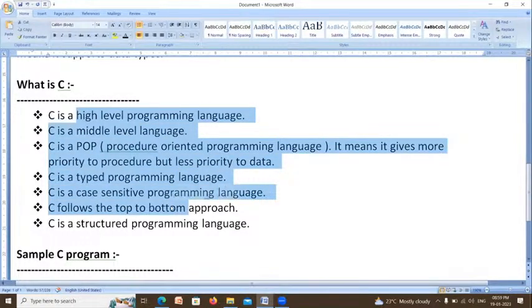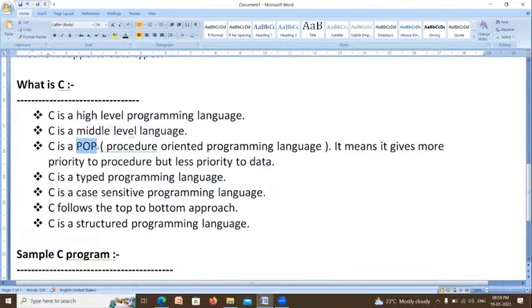Whereas Java executes from bottom to up, whereas C++ also executes from bottom to up. All object-oriented programming languages execute from bottom to up. All procedure-oriented programming languages execute from top to bottom. Clear? Yes, sir.